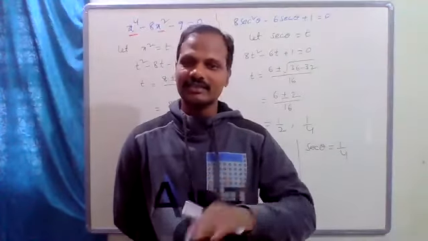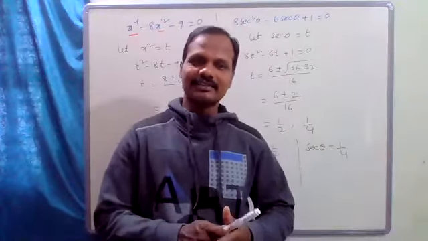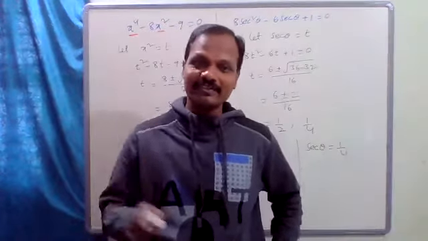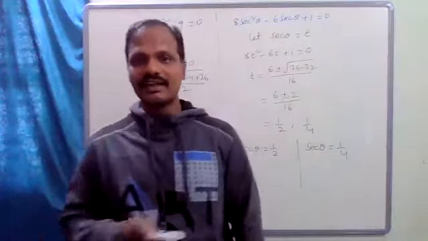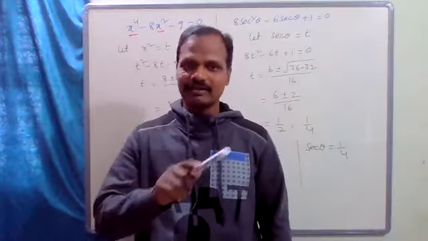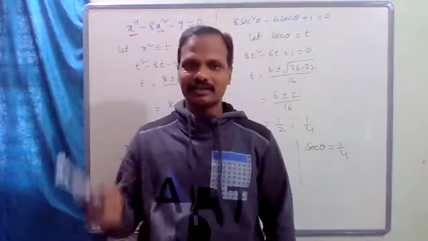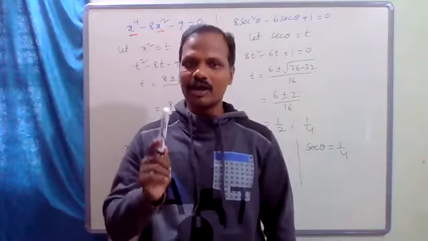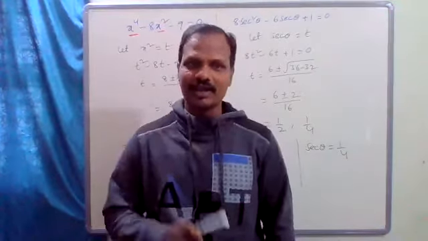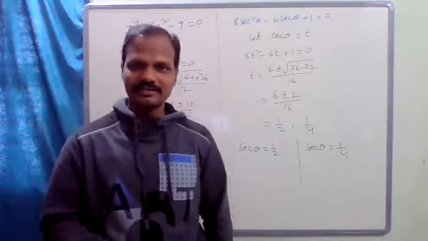Otherwise there are no roots, because trigonometric functions are periodic functions. If you consider the domain as R, then the roots will be repeated. So obviously they have infinitely many roots, otherwise no roots. Is it clear what I am saying?